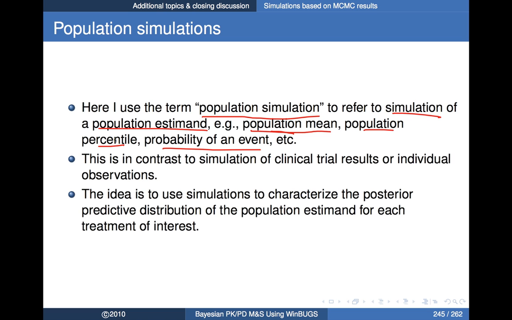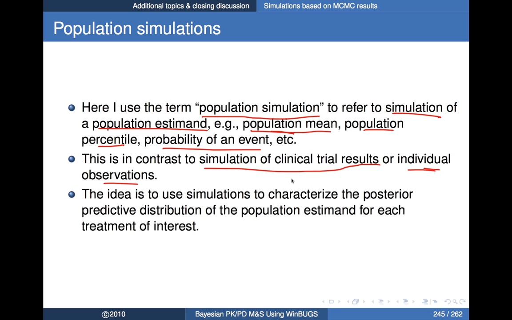Okay, and I want to contrast this to simulating clinical trial results or individual observations. So we've actually already talked about getting a posterior predictive distribution for individual observations.